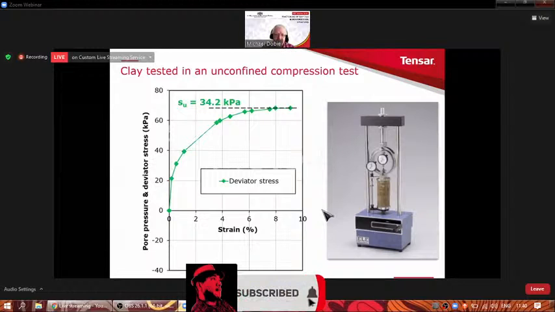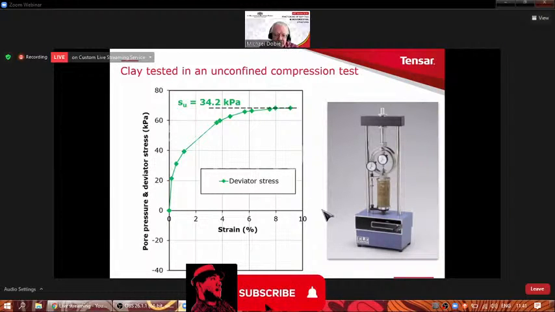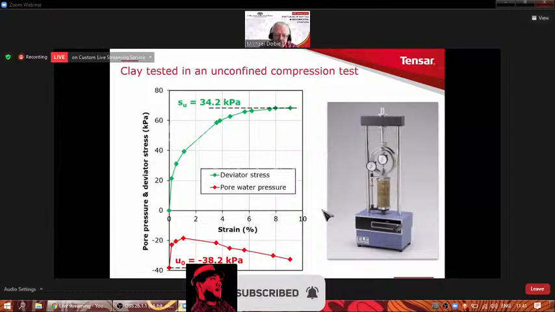It fails at about 68 kilopascals, so that means the undrained shear strength is half of that, about 34. But what's also rather nice in this test is that they arranged it, almost certainly inside a full triaxial apparatus, so they could also measure the pore pressure. And when we look at the pore pressure response, we see that the pore pressure starts off at almost minus 40 kilopascals.